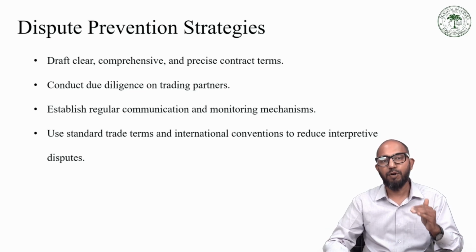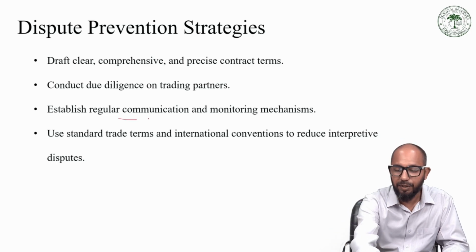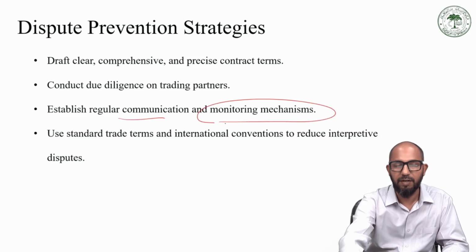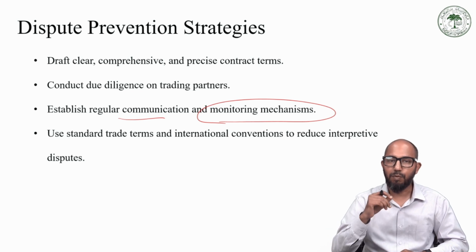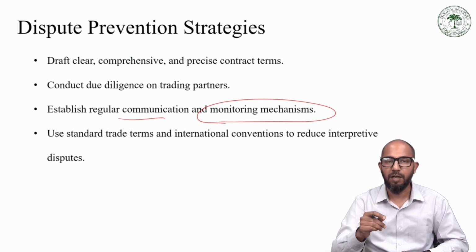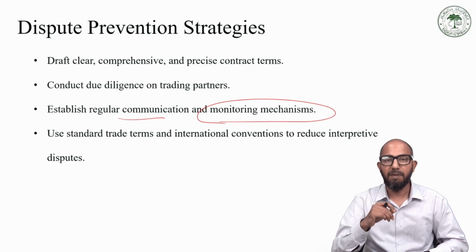The third important prevention strategy is to establish regular communication and monitoring mechanisms. At times, communication solves most of the misunderstanding between exporters and importers. But what happens?